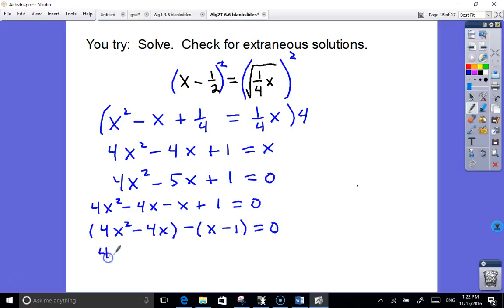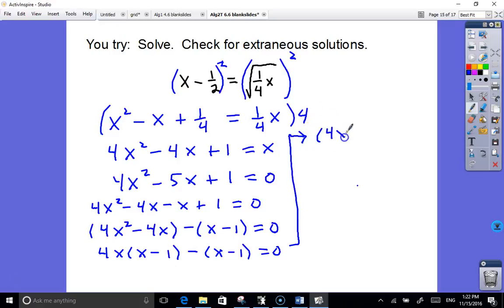And then I factor. And then I factor one more time: 4x minus 1 times x minus 1. Okay, so what are the solutions? So x equals 1/4 and x equals 1.